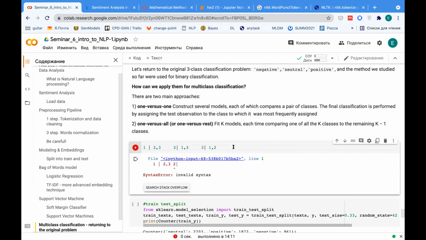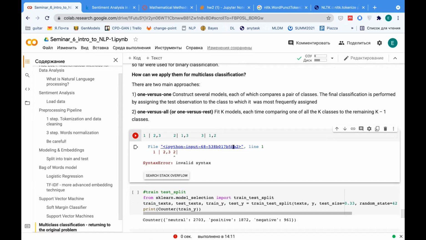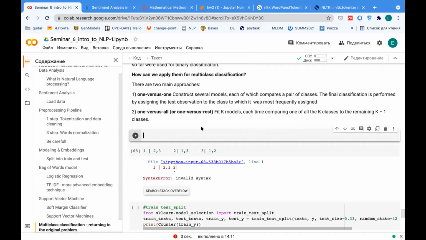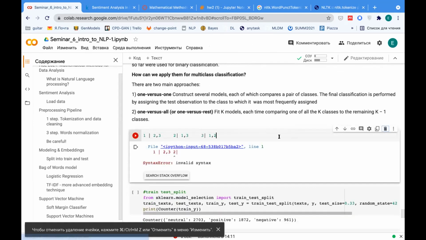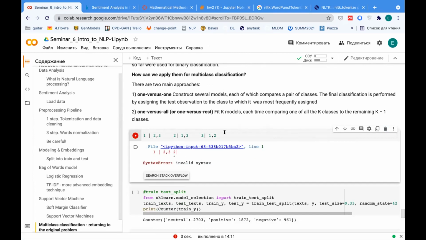So also we have to do several classifications, but if we really want to use logistic regression, then we just need to do it, since we can't do anything more.